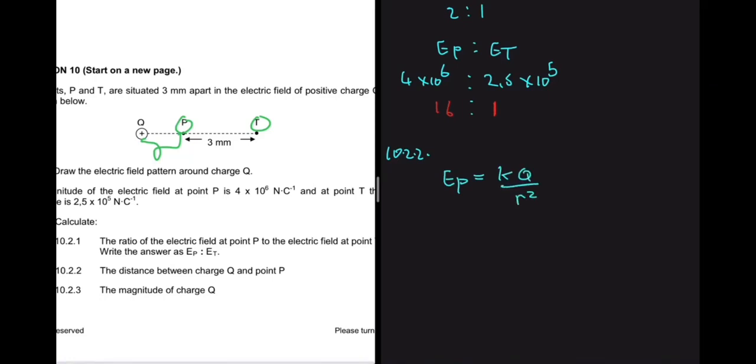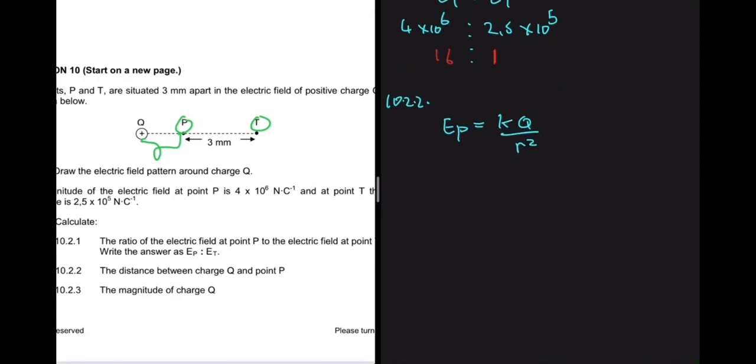That's the formula we have for the strength of an electric field at a given point. But lucky for us, we know fully well what EP is. EP is 4 times 10 to the power of 6, which is equal to K. K is a constant, that is 9 times 10 to the power 9. And then Q, at this point, we don't know the value of Q, so we'll just put it as it is.